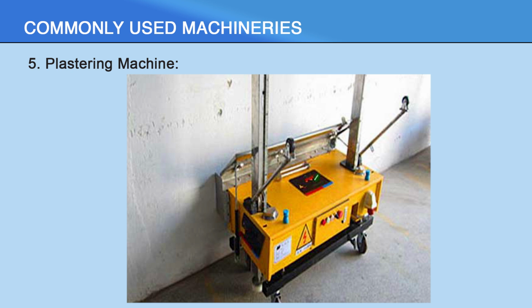Better quality of plastering, which eliminates leakage, cracking, and peeling off of dried plaster. Reduced on-site labor, reduced material wastage, shorter working time, spray and deliver mixture up to 80 meters.